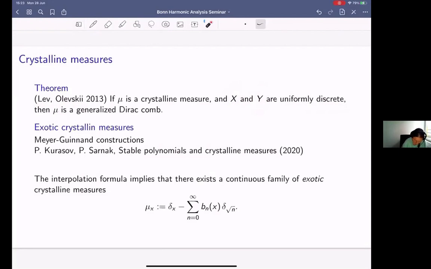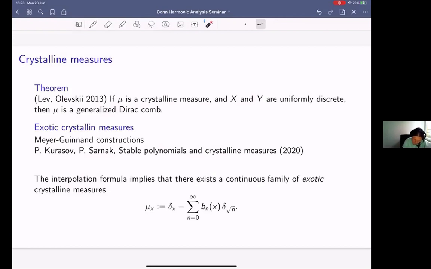A generalized Dirac comb means a Dirac comb, a shift of a Dirac comb, or the Fourier transform of a shift of a Dirac comb, so a Dirac comb multiplied by a harmonic wave. And then of course we can take linear combinations of a finite number of structures like this.